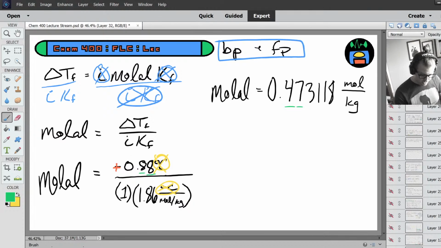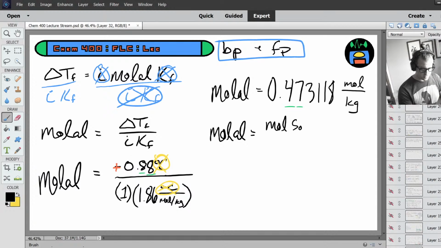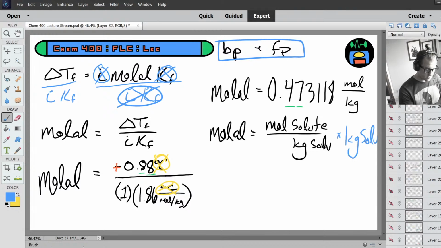Now, why this is important is because molality is equal to moles of solute over kilograms of solvent. I've got to multiply both sides by kilograms of solvent to find my moles of solute.